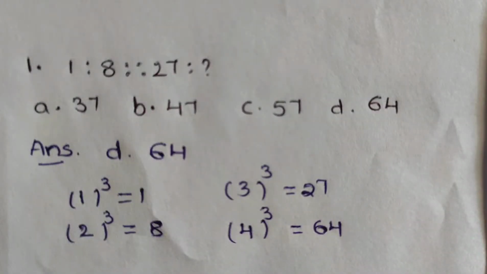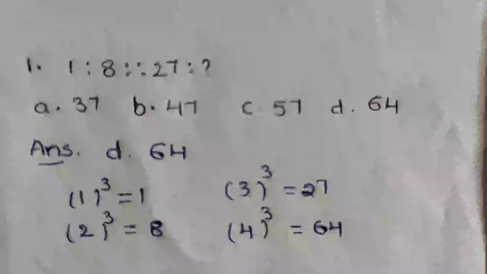So the next number after 3 will be 4, and 4 cube is nothing but 64. So the answer will be 64, which is option number D.